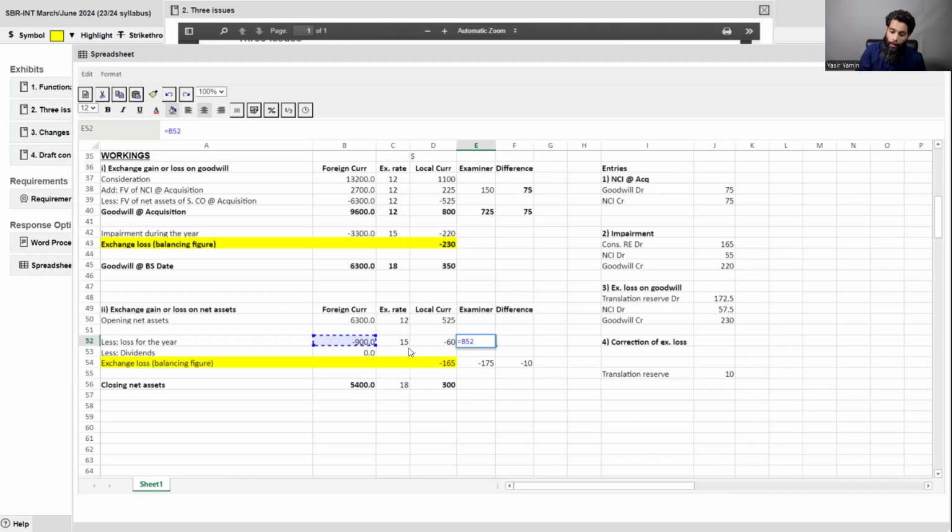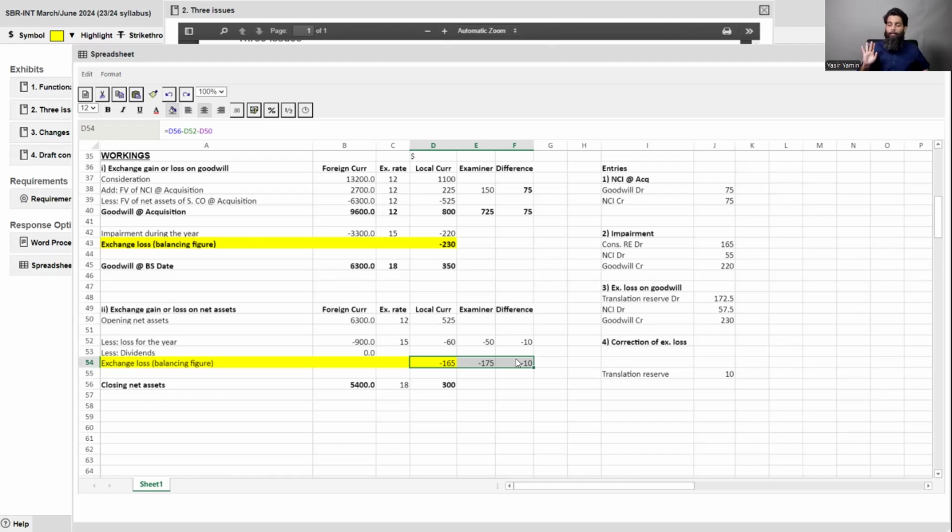They did 900 divided by 18. So according to them, the loss for the year was 50. However, if it is calculated according to the 15 exchange rate, the loss is 60. This 10 difference between the loss has been carried forward to the translation reserve.